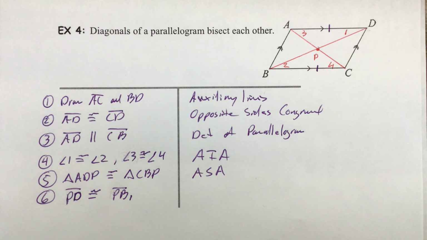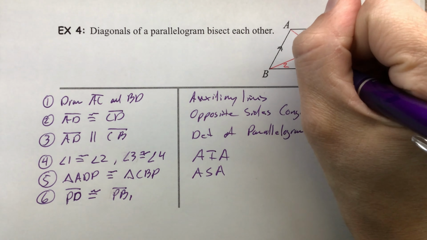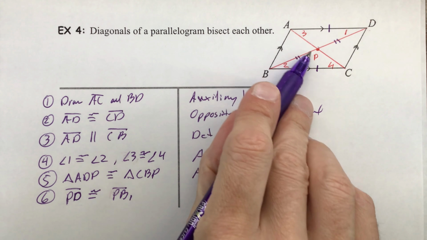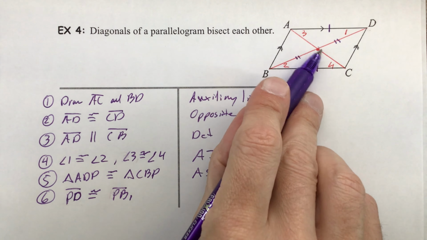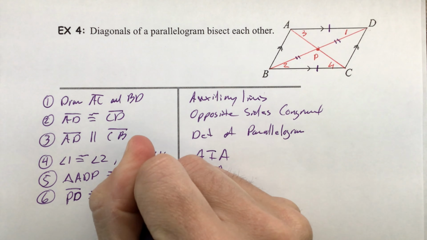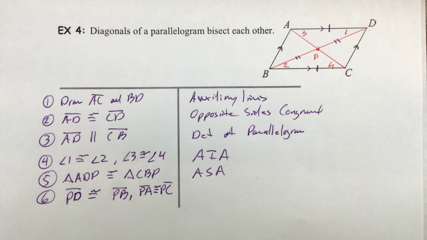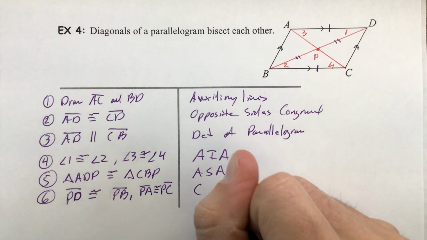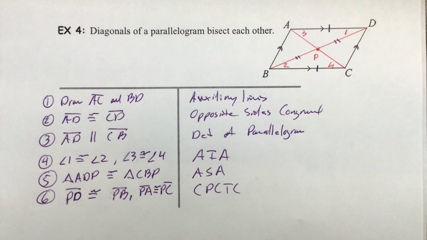And while we're doing that one, if these two are congruent, let's put double markings. Then the other two, AP and PC, which I'm going to write as PA and PC, those two would also have to be congruent. Corresponding parts of congruent triangles are going to be congruent.